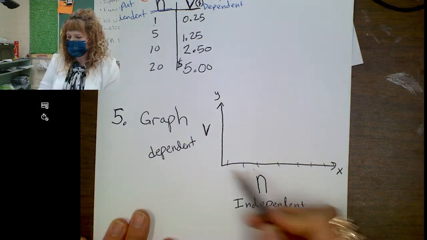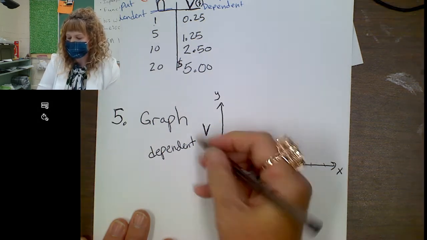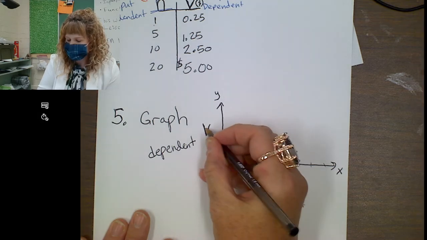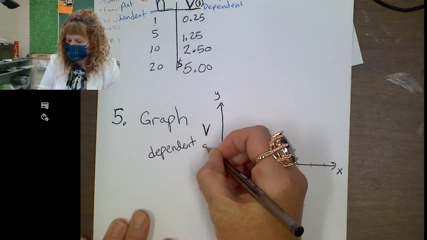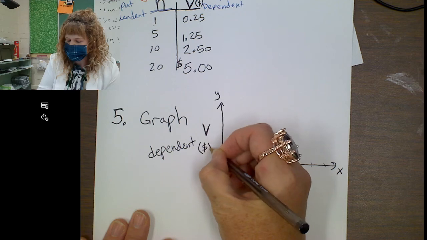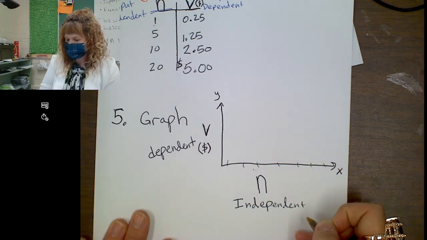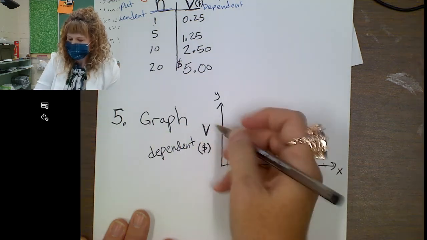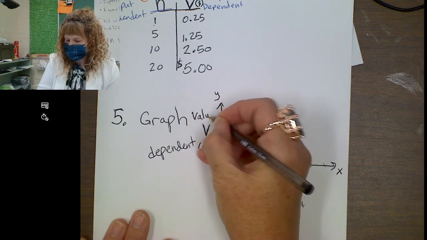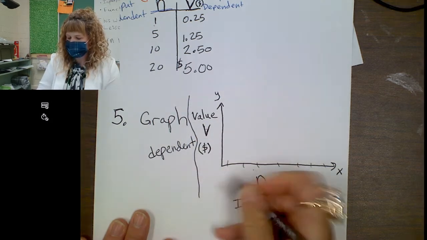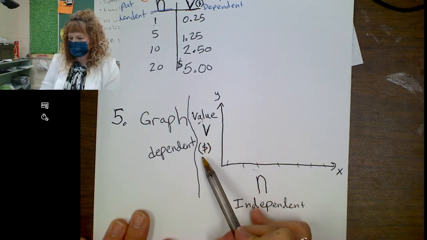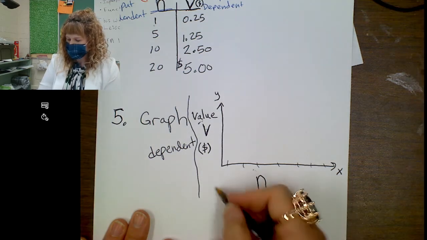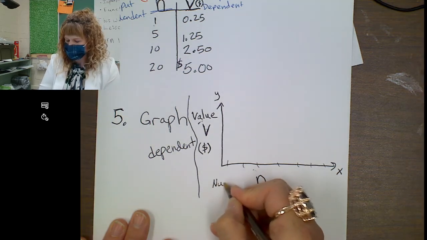When you label your axes, you should say what each one was. So v is the value of quarters. You'll put the units in parentheses. Maybe something like this. Value, V, is dollars. And N, we'll put number of quarters.